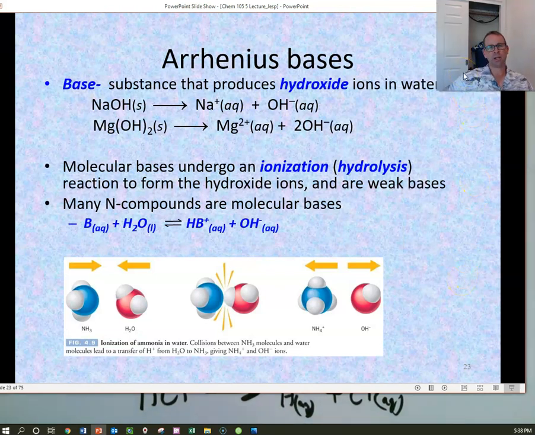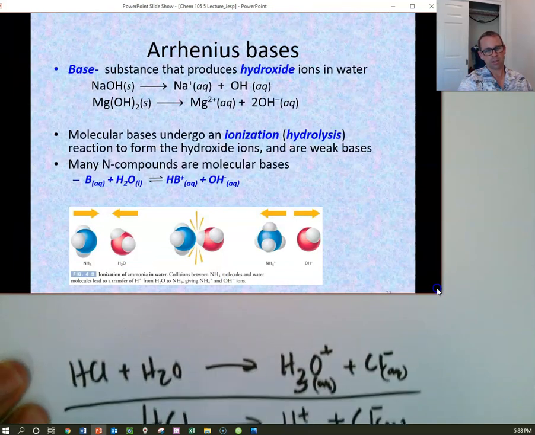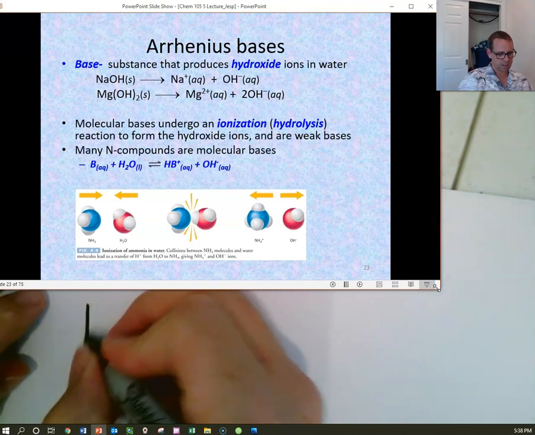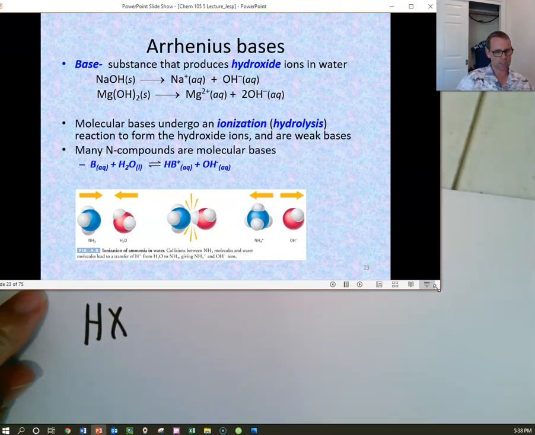We also have a chemical that's called a base. It is a chemical that, like the acid, you put into water. Now let's see why that's the case. Again, here's a general example of some acid. Here's my acid, HX.